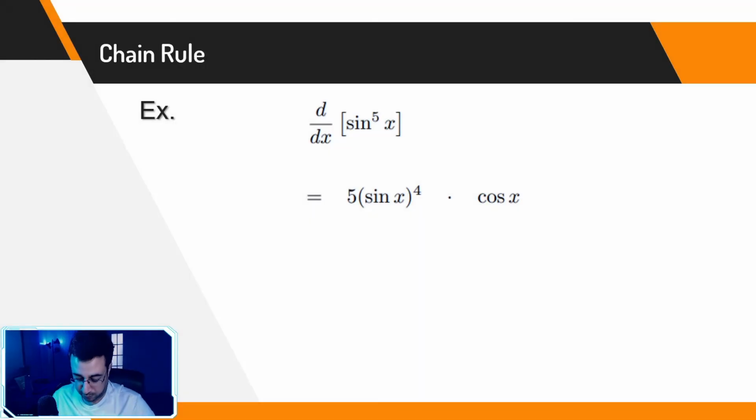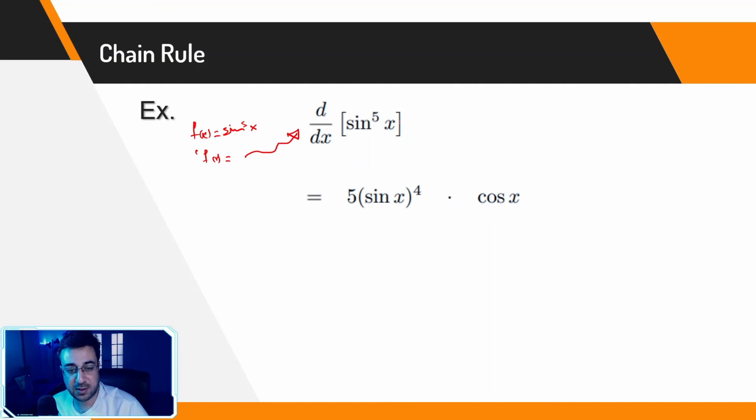Let's take another chain rule in trigonometry form. As I told you, d over dx is saying that f of x equals sine x to the power of 5. What is the f prime of x? That's exactly what it's saying here, but it's a better abbreviated way to make things simpler.